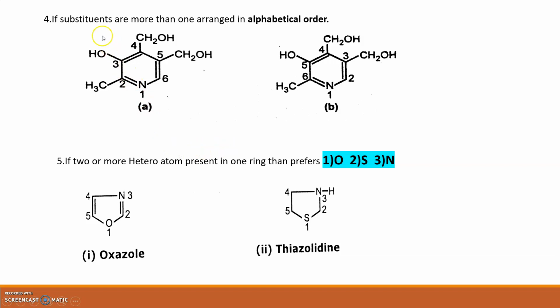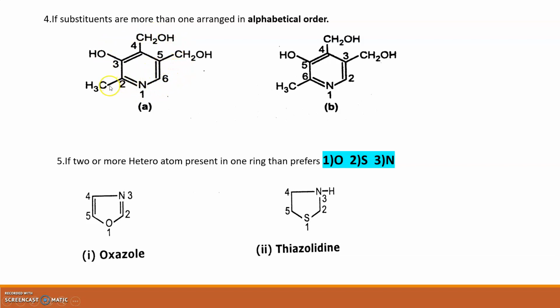Next, if the substituents are more than one, arrange them in alphabetical order. Suppose this is the structure. In that structure, 1, 2, 3, 4, these are the 4 substituents attached to the one heterocyclic ring. At that time, you give the least possible numbers to all the substituents, write them separately, and then arrange them according to their alphabetical letters.